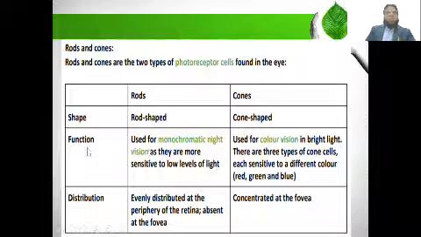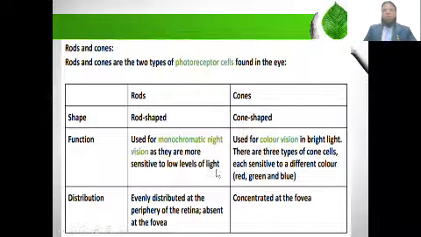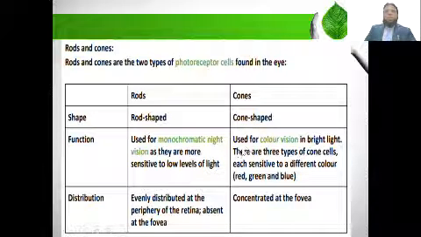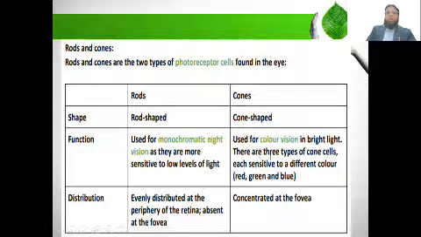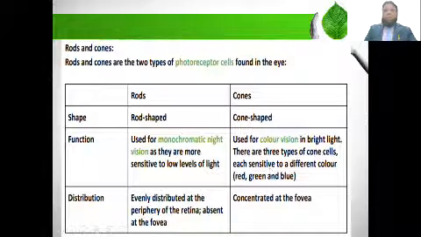And what are the functions? The rod cells are used for monochromatic light vision, as they are more sensitive to low levels of light. The cone cells are used for color vision in bright light. There are three types of cone cells, each sensitive to different colors like red, green, and blue.